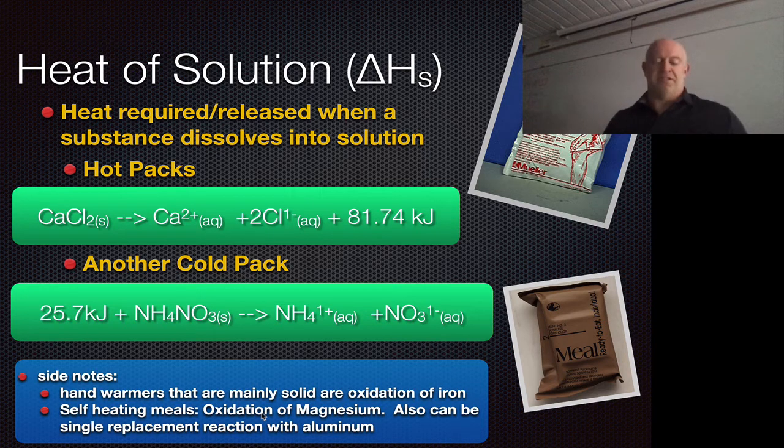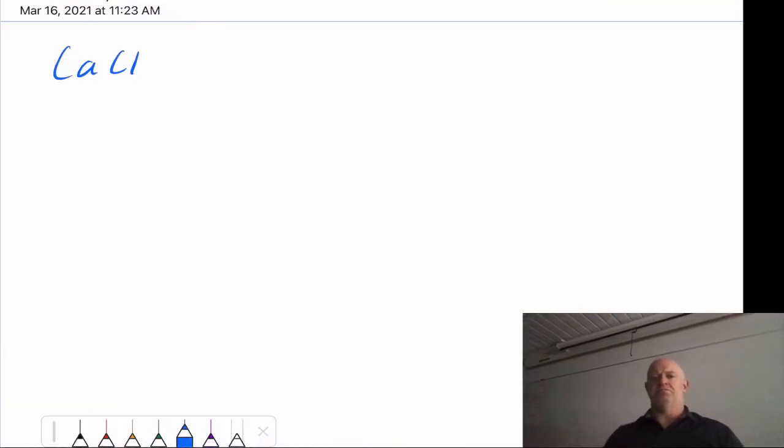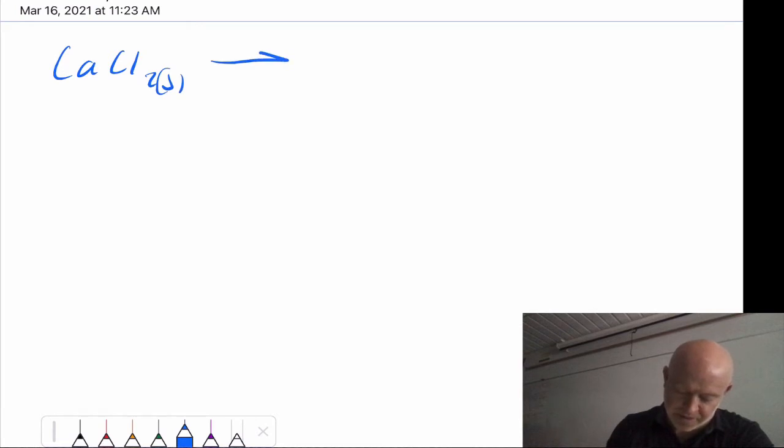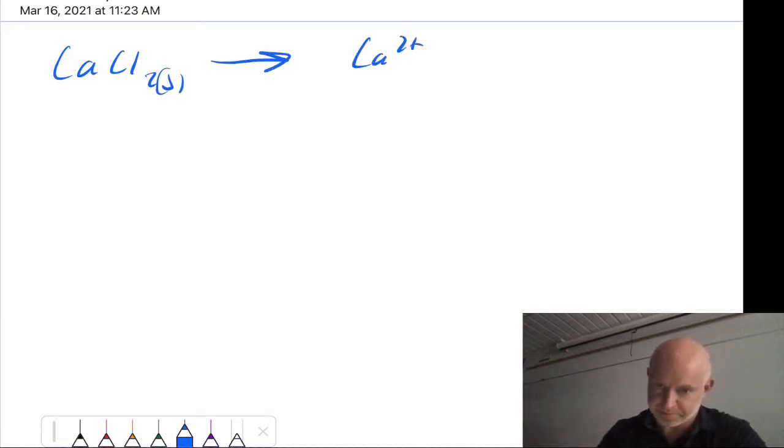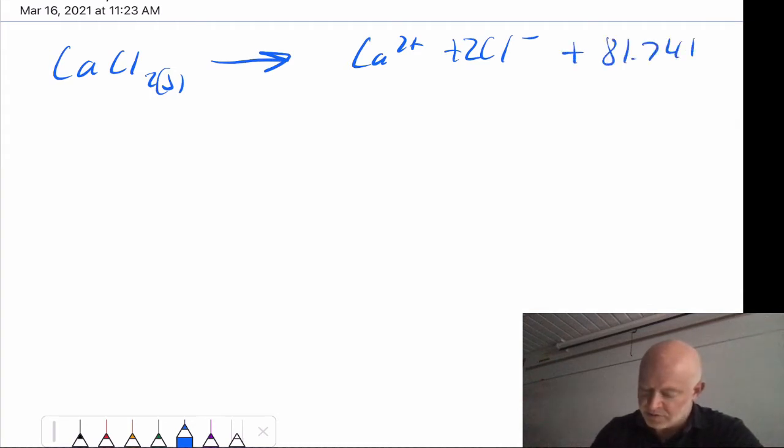So let's take a look at one of these examples, the first one, the calcium chloride example, and let's say we want to dissolve 25 grams of it. If I have my calcium chloride solid here, and I'm going to react that to make my calcium ions plus my chloride ions, I'm going to need two of these. And we're going to produce 81.74 kilojoules of energy.